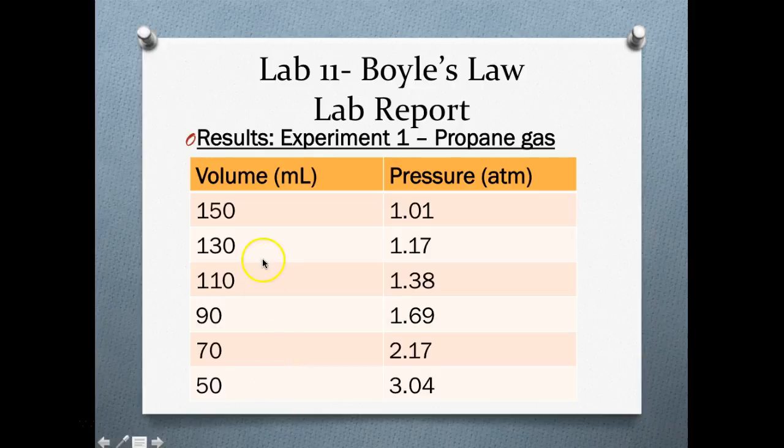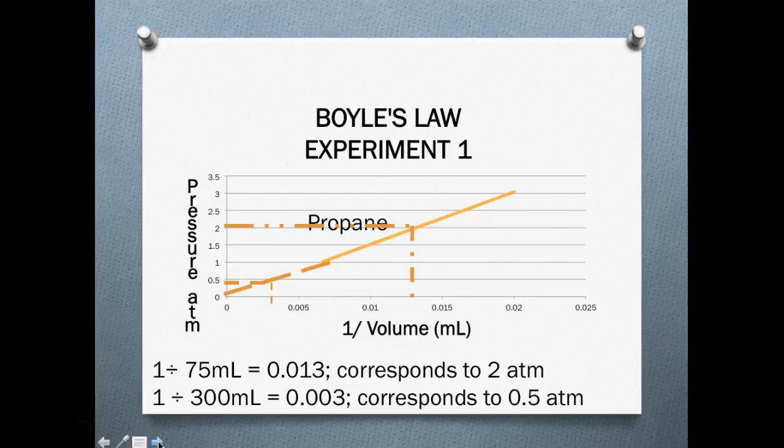Okay, so this was the data that was observed for propane gas, and then the plot looks a little weird here, but you can see when you plot the 1 by V, and we already discussed this.